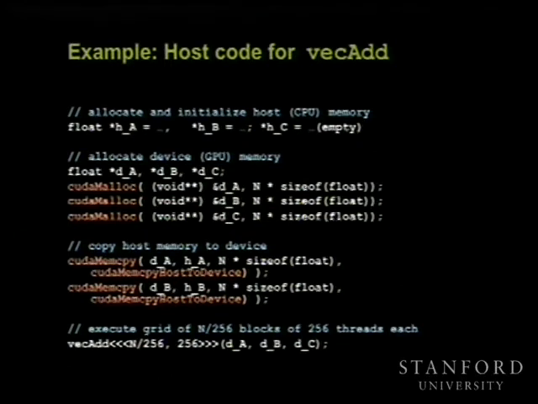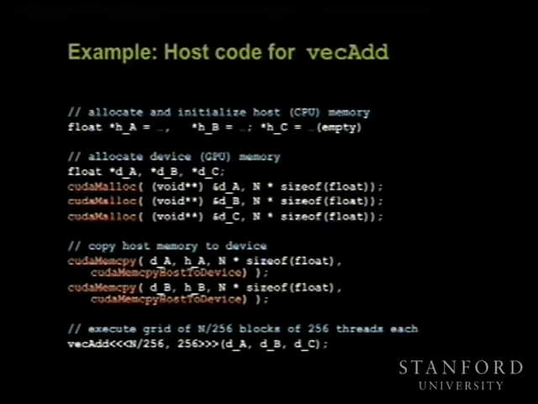So after you've done the malloc, you say, okay, I now have all this memory allocated on the GPU, so I need to copy. Now I actually need to do the copy. Instead of memcpy, which is normal C, you have cudaMemcpy. And again, it looks a little bit different than normal memcpy. It's the amount of data you want to copy, starting from where to where.